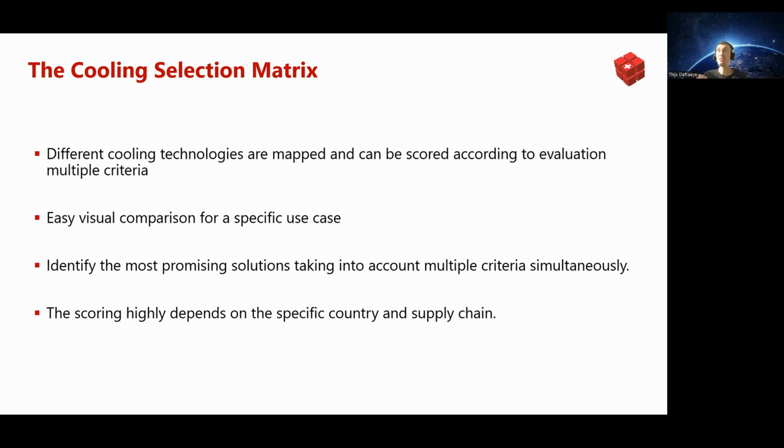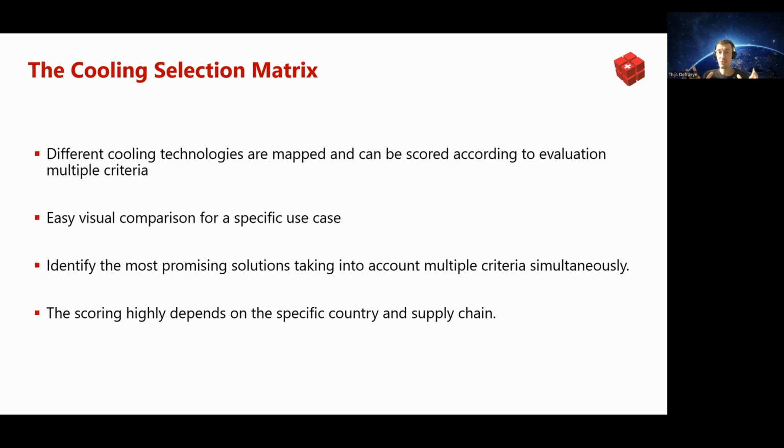So the idea is that it could assist you in identifying the most promising solution for your use case in an easier way, by taking into account these multiple criteria in one visual overview, compared to writing them in a long text. So it's rather a visual comparison, but also quantitative. You have to be aware of that. So it's a tool which might be able to assist you. I'll explain in a minute how it actually works.